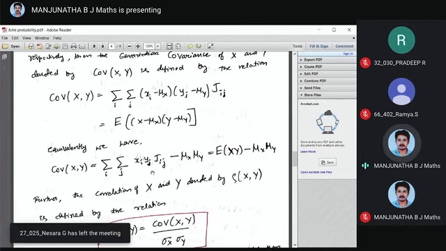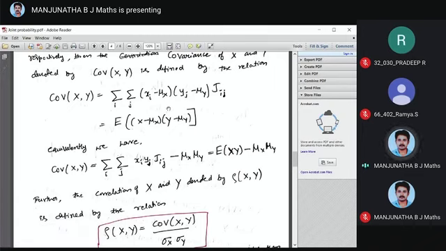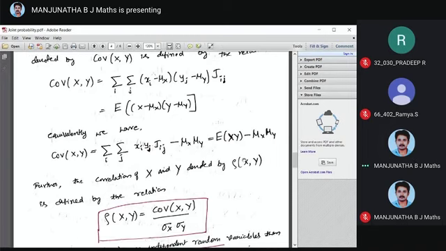Summation i summation j, xi yj fij minus xi into mu y into fij minus mu x into yj fij plus mu x into mu y into fij. That is equal to expectation of xy minus mu x into expectation of y. So this is expectation of xy minus mu x mu y.